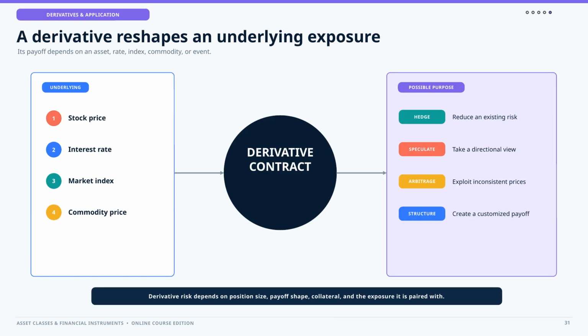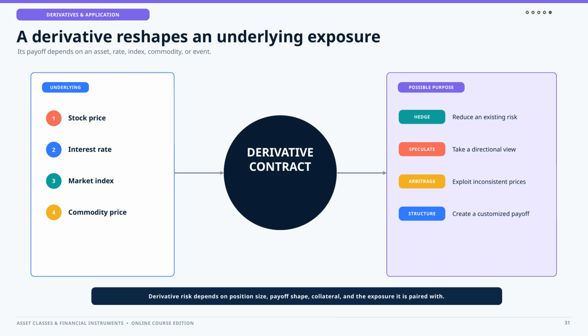A derivative is a contract whose value depends on an underlying asset, rate, index, commodity, or event. Derivatives can serve several purposes. A hedge reduces an existing exposure, such as locking in an input cost or protecting a portfolio against a market decline. Speculation creates a directional exposure that did not previously exist.